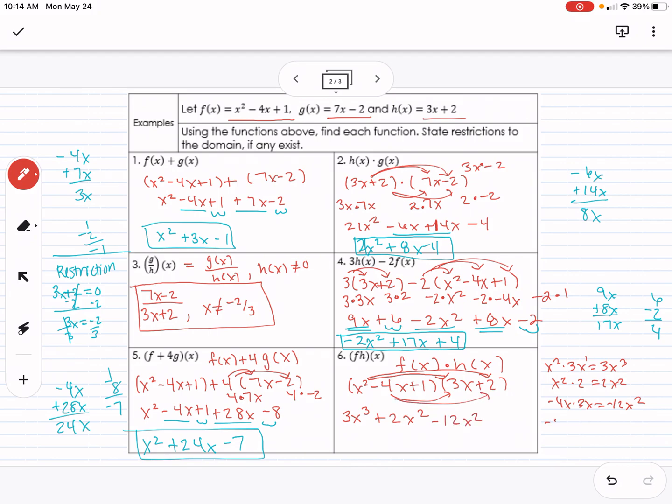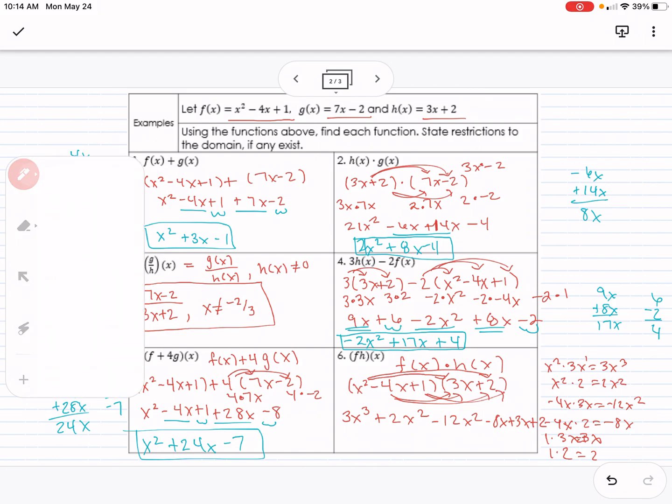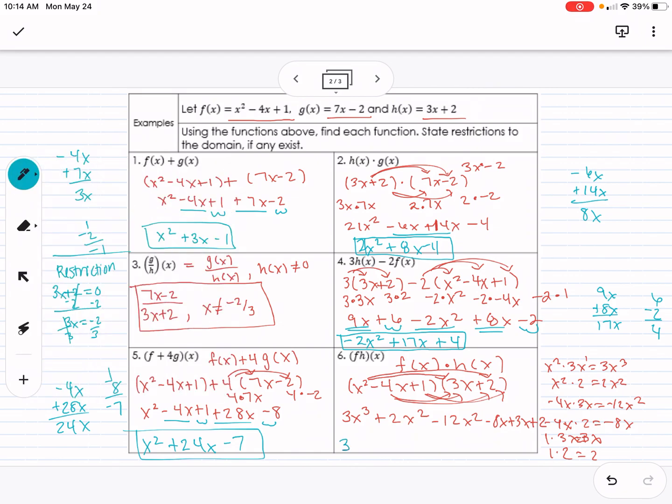And negative 4x times 2 is negative 8x. Now the 1 times 3x is 3x. And 1 times 2 is equal to 2. And then I can combine like terms. So I have 3x cubed, 2x squared minus 12x squared is going to be negative 10x squared. And negative 8x plus 3x, negative 5x, and I can bring down the positive 2.